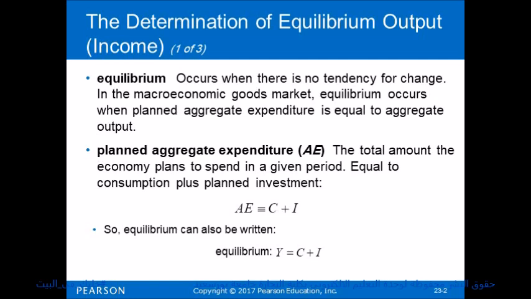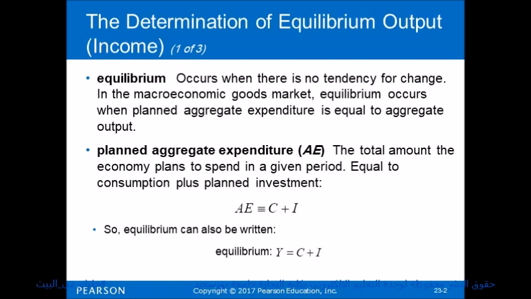So, equilibrium will only occur when there is no tendency for change. In the macroeconomic goods market, equilibrium occurs when planned aggregate expenditure is equal to aggregate output, where planned aggregate expenditure, or AE, which is the total amount the economy plans to spend in a given period, is equal to consumption plus planned investment.